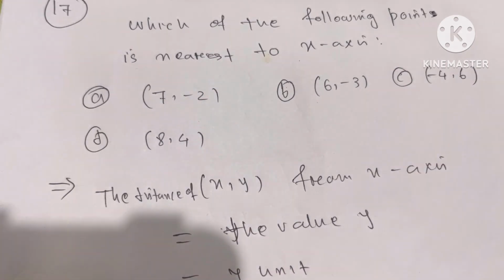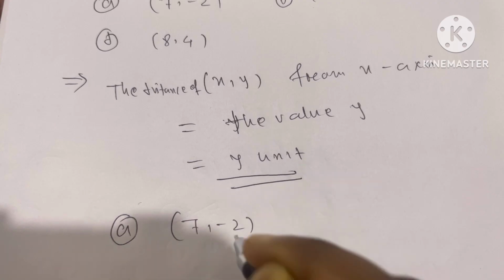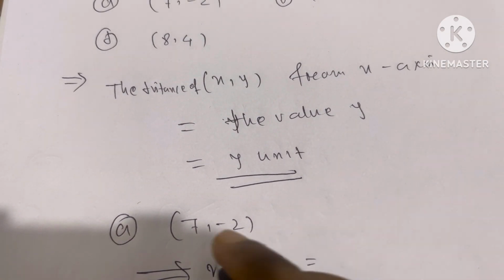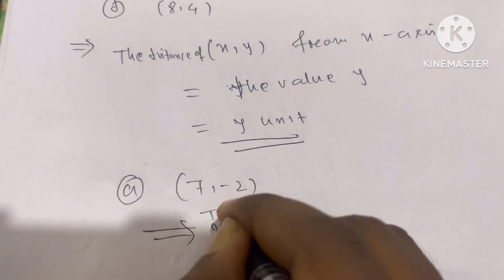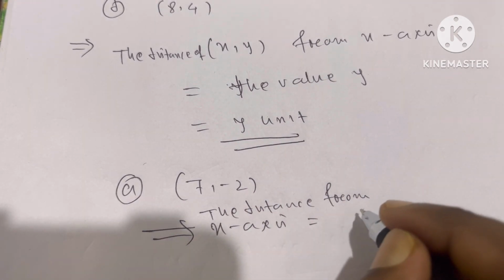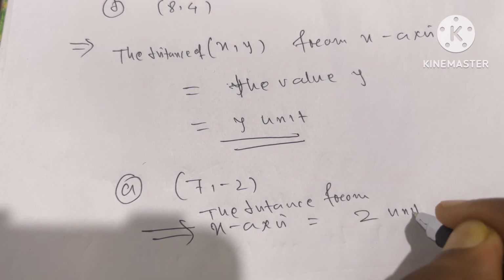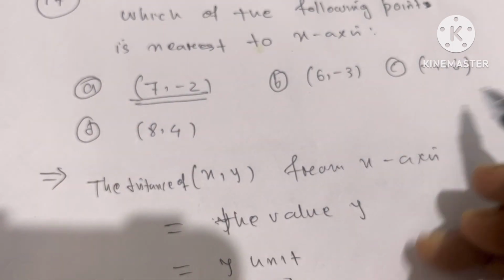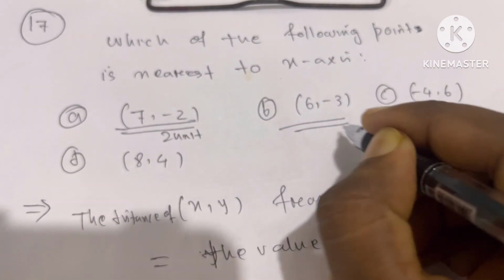Distance of the first option, 7 comma minus 2, from the x-axis: the y value is minus 2, that's why we'll consider 2 units. The distance of this is 2 units. The distance of this one from x-axis is 3 units.